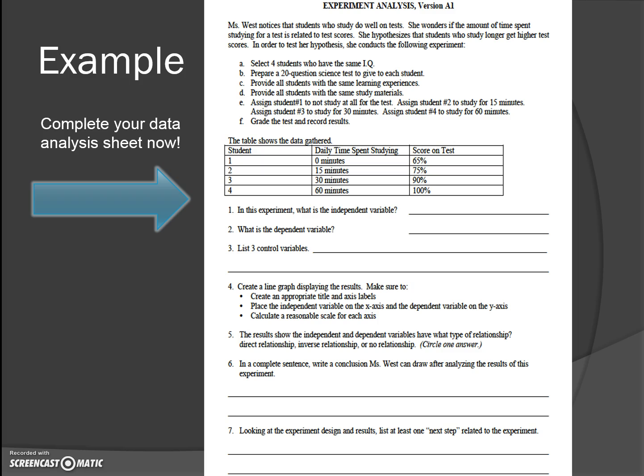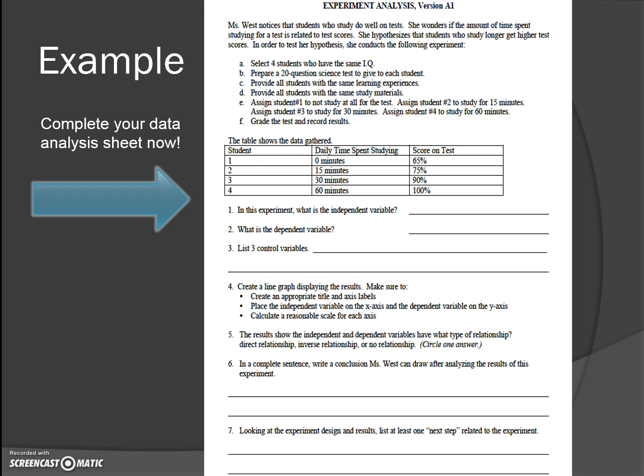Alright, so this is when you need to fill out your data analysis sheet now. At the top it says Miss West notices that students who study do well on tests. I wonder if she has Miss Dudek, her class as well. She noticed if the amount of time spent studying for a test is related to test scores.